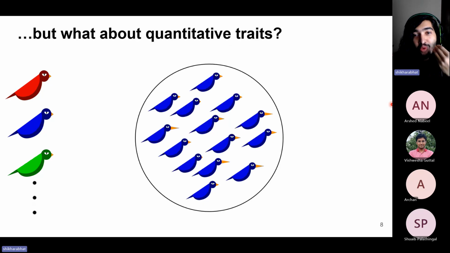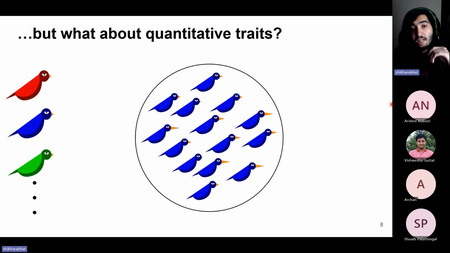But what about quantitative traits? After all, many traits in fields like behavioral ecology are under the influence of a very large number of genes and/or epigenetic factors, and so appear to vary quantitatively. For example, beak length, we may expect to take all values in some interval, like 0 to 1 or 0 to 2.